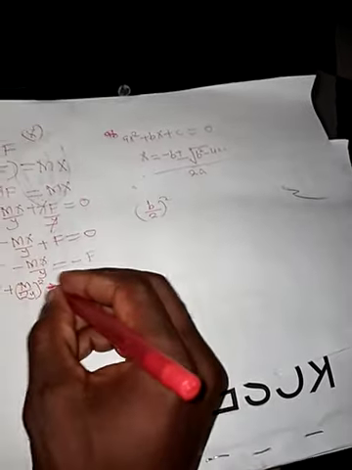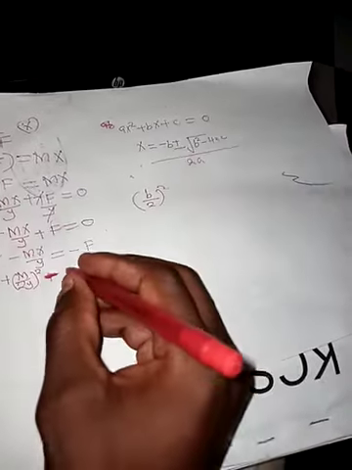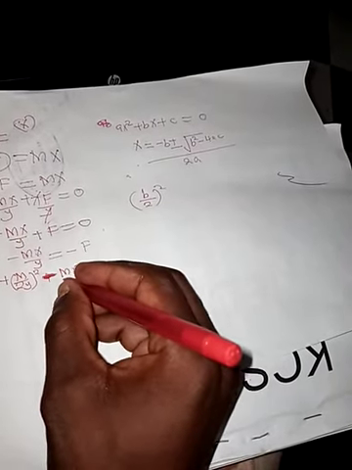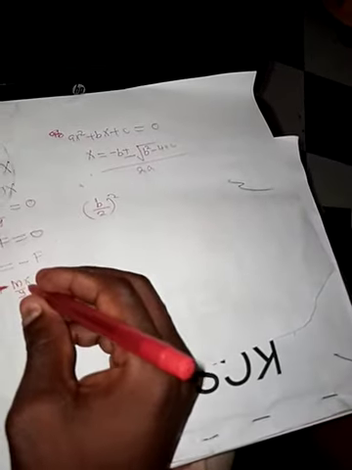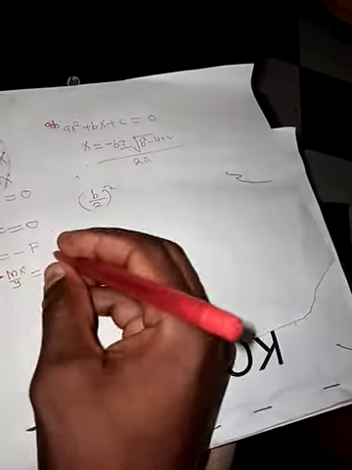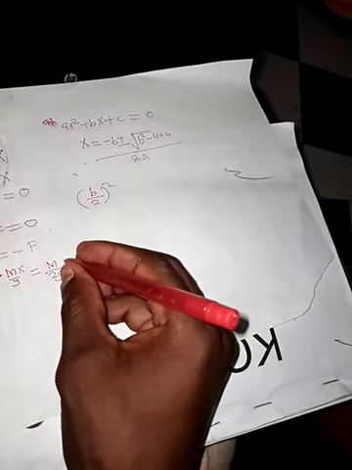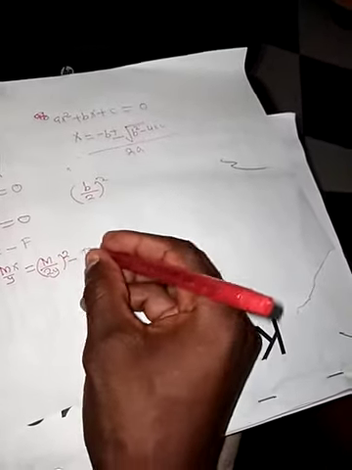Plus, here should be minus, minus m over y x, is equal to m over 2y squared minus f. From here we can now solve this one.